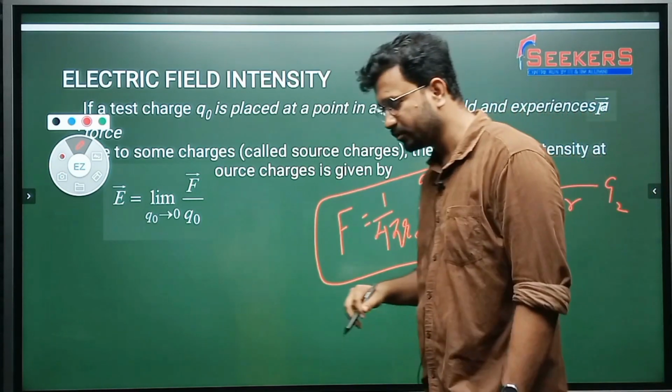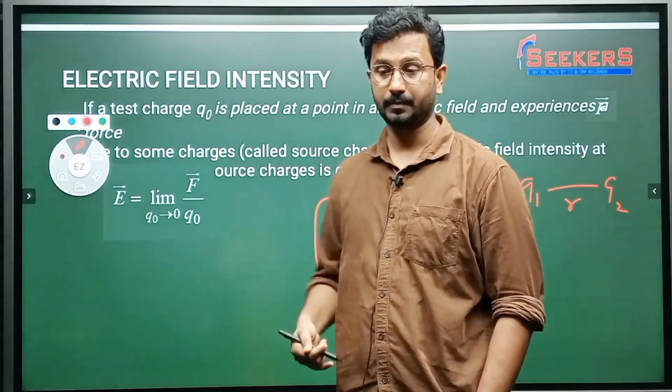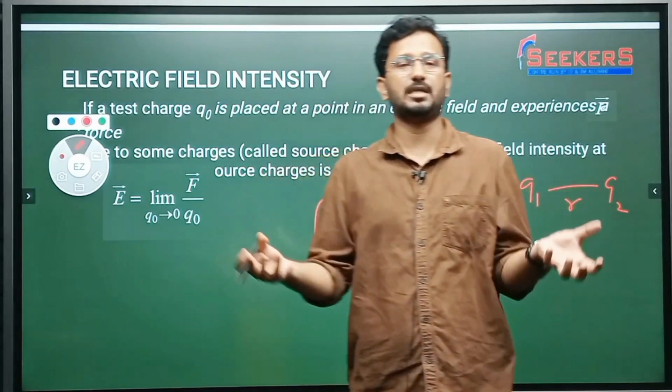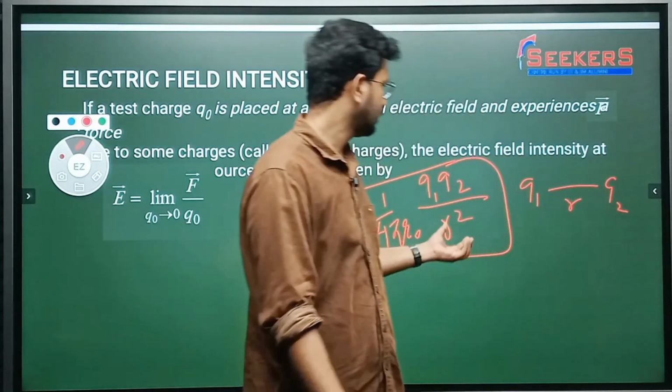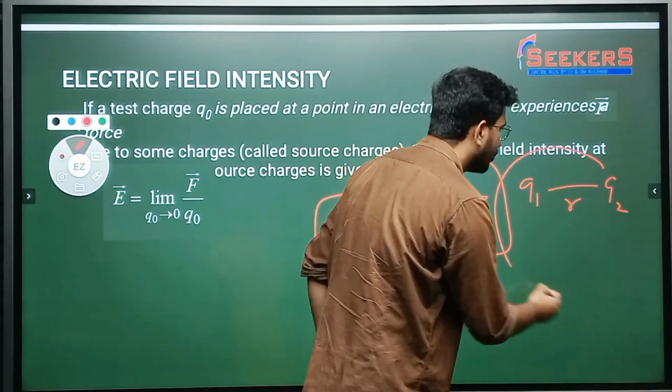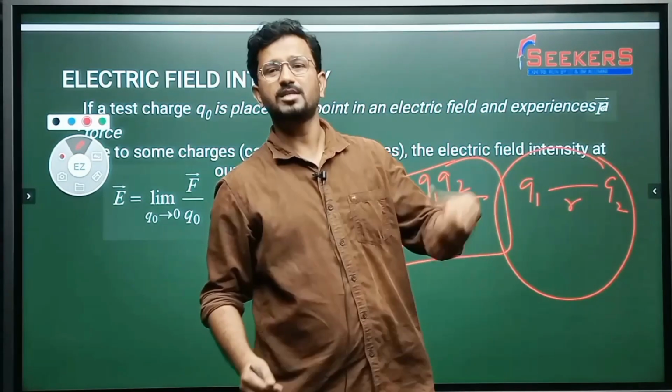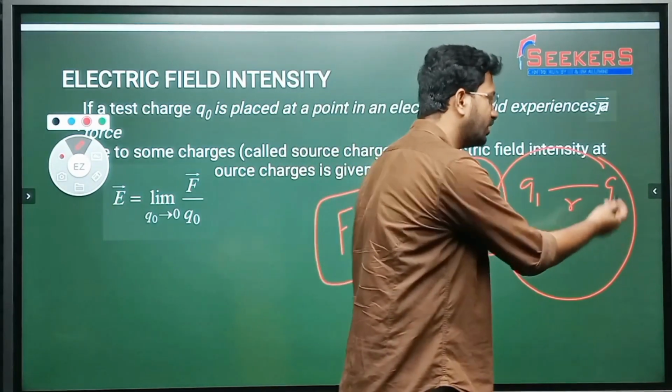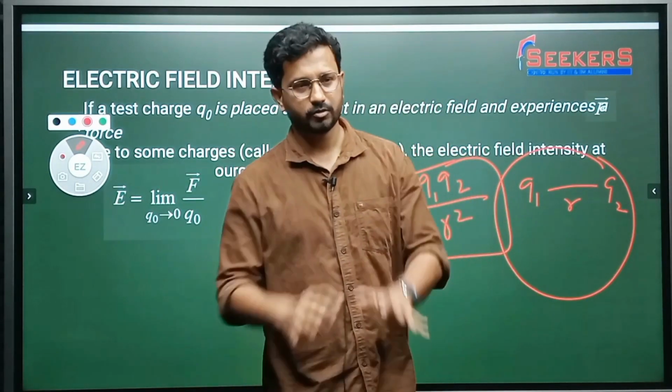How did this force come? I just told you it comes from a two-step process. You take the charge Q1 and the charge Q2. The charge Q1 will create an electric field around it, and as soon as you keep the charge Q2 in its field, it will experience force. So that was the electric field.